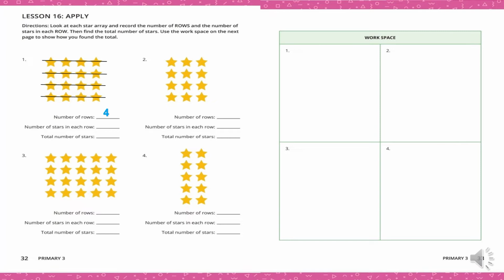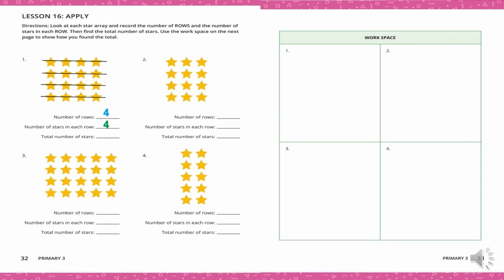The number of stars in each row. In each row. How many stars in each row? In the first row, how many stars? 4. In second, 4, and so on. So the number of stars in each row, 4. The total number of stars. I want to find the total now, so I will use repeated addition or skip counting.